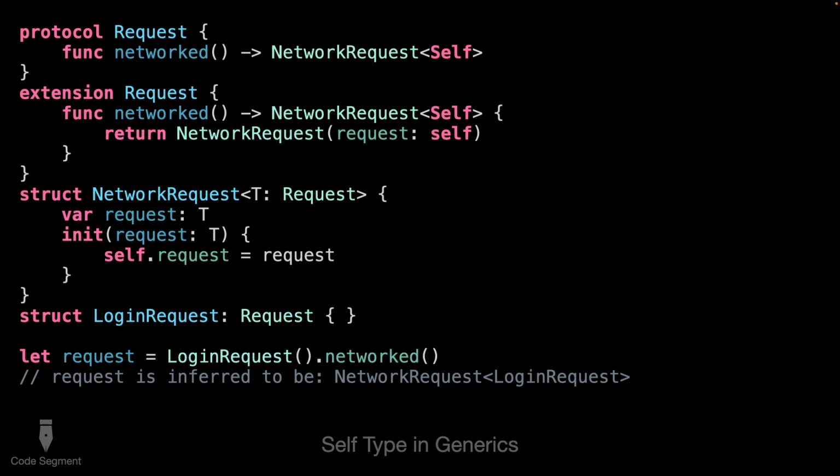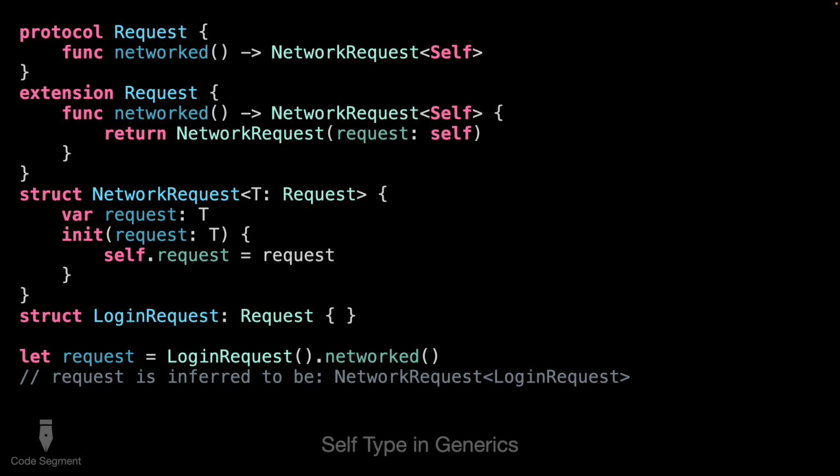Anything that implements this protocol, you want them to be able to get wrapped up into a network request type, okay? So we have this NetworkRequest down here, all right? And NetworkRequest is going to have as its parameter type T that conforms to Request. So basically anything that conforms to Request can be used as the parameter type for NetworkRequest.